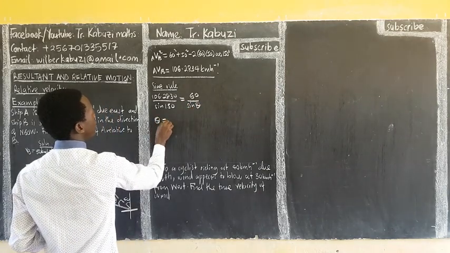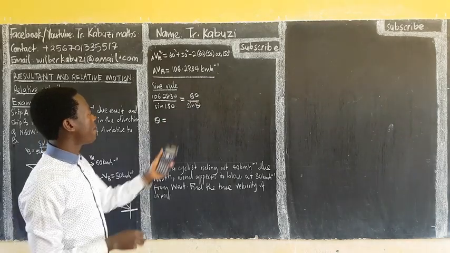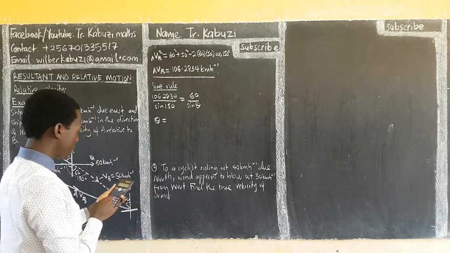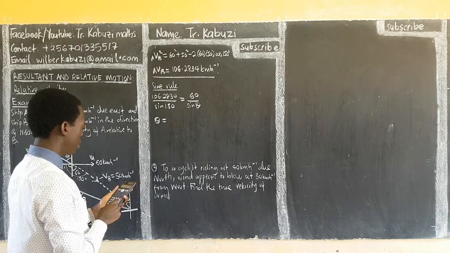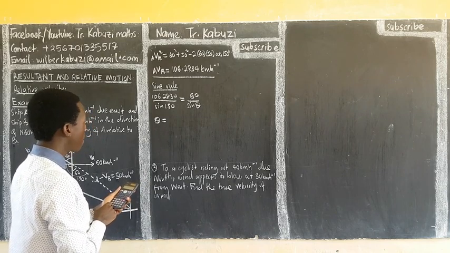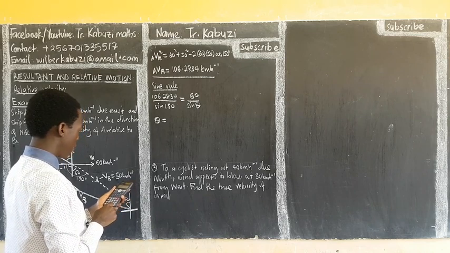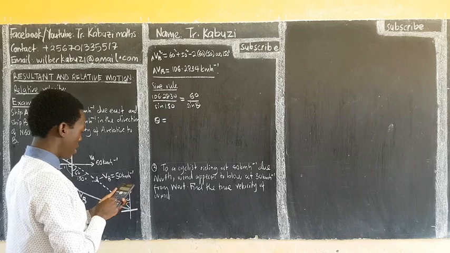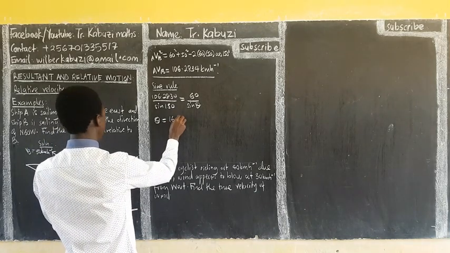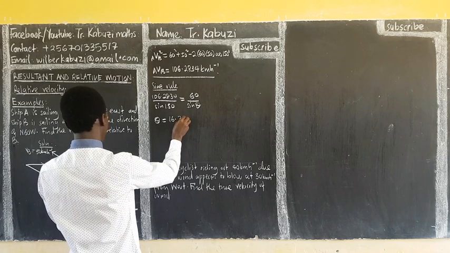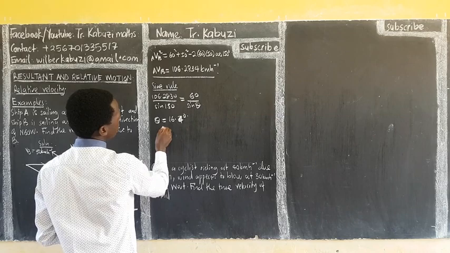When you simplify, you will get this times this divided by this. So 60 times sine 150 over 106.2834, getting 16.4 degrees if I round it to 1 decimal place.